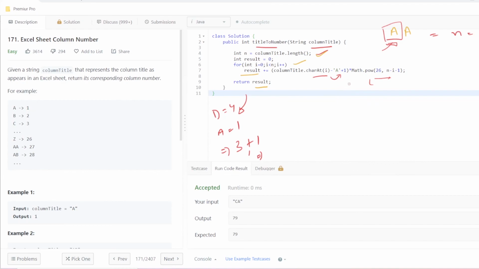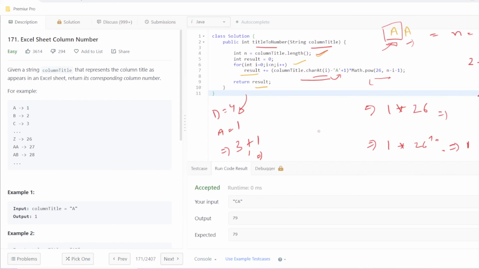So if you see here, after the first iteration, this value becomes A minus A, which is 0, plus 1, so the contribution is 1 into math power 26, and n is 2, so 2 minus 0 minus 1, that is 26. For this one, it is 1 into 26 to the power of 2 minus 1 minus 1, that is 0, so 26 to the power 0, and the contribution is 1.